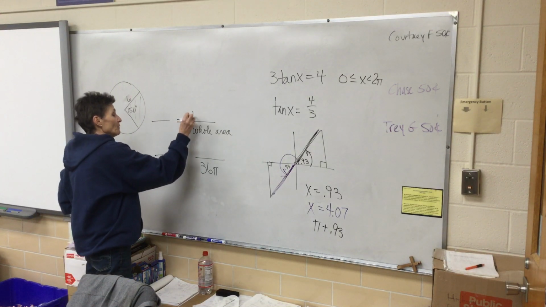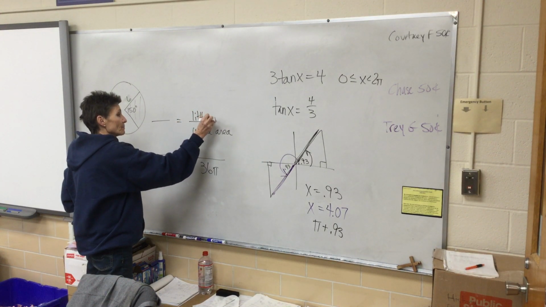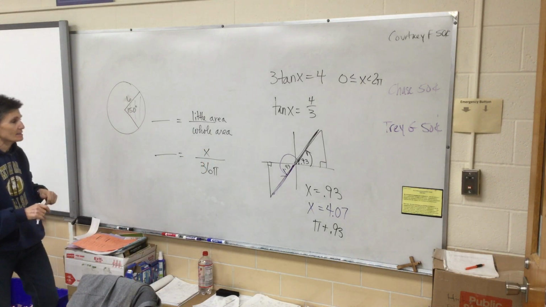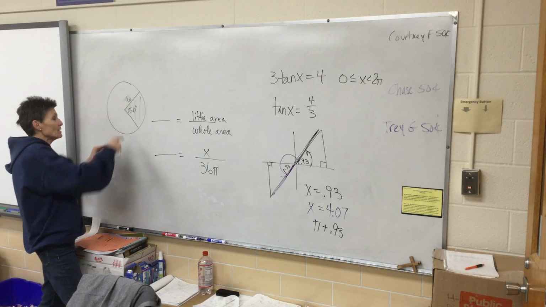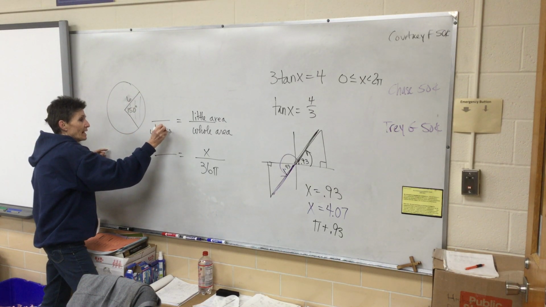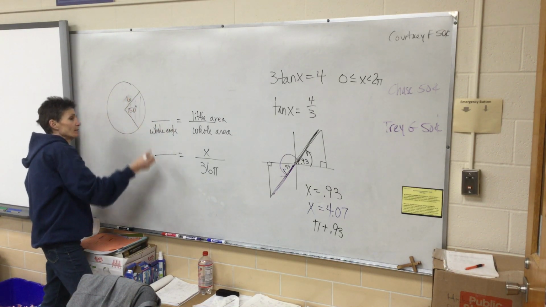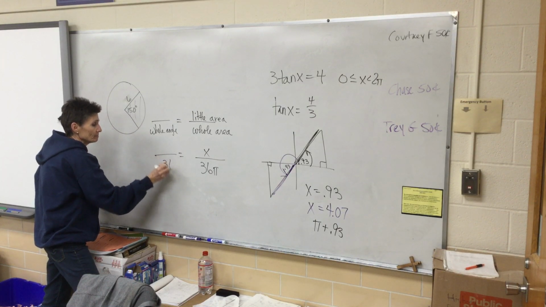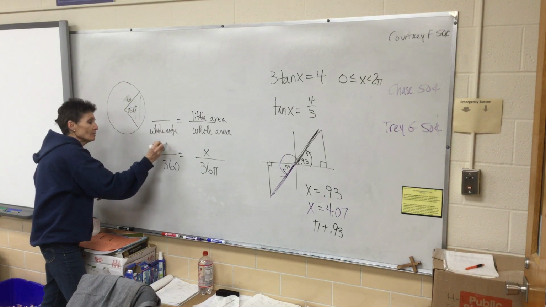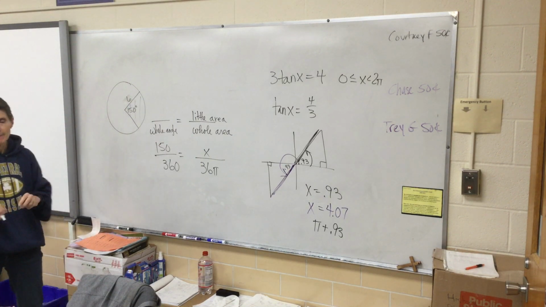I want to know what the little area is. That's my job, so I'll call that x. Now I know that the whole angle, that is the entire revolution, is 360, and my small angle is 150.